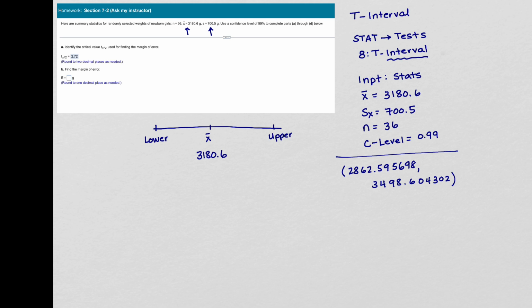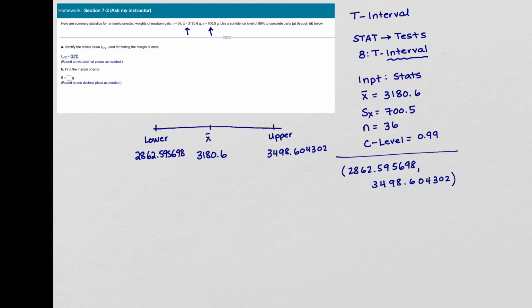The upper limit is 3,498.604302. And my lower limit is 2,862.595698.